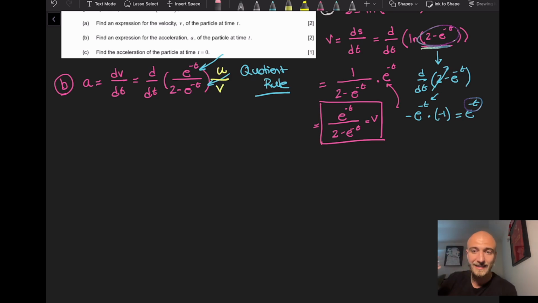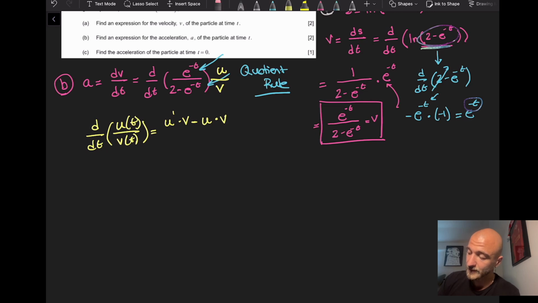As a little reminder, the quotient rule tells us the derivative with respect to t of u over v is equal to the derivative of the first function times the second function, or the bottom function, minus the first function times the derivative of the second function, all divided by the square of the second function v.